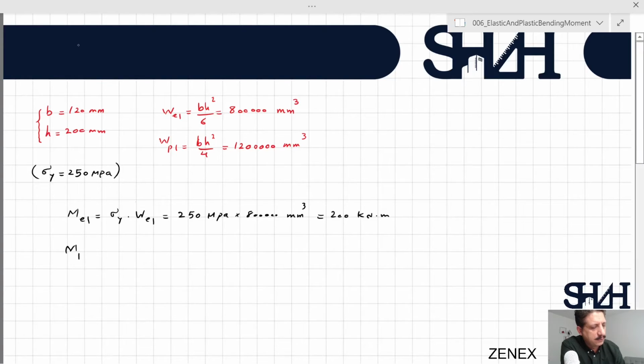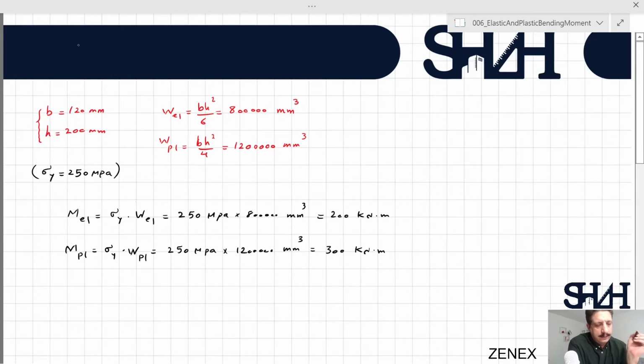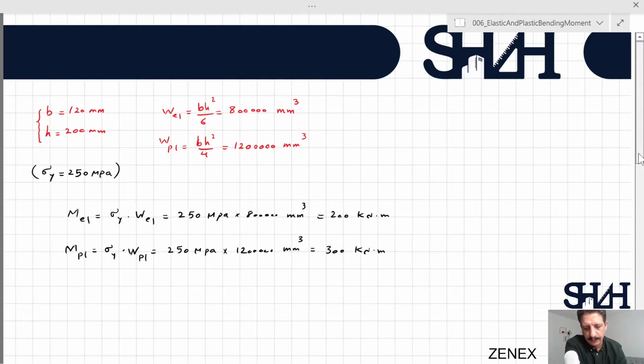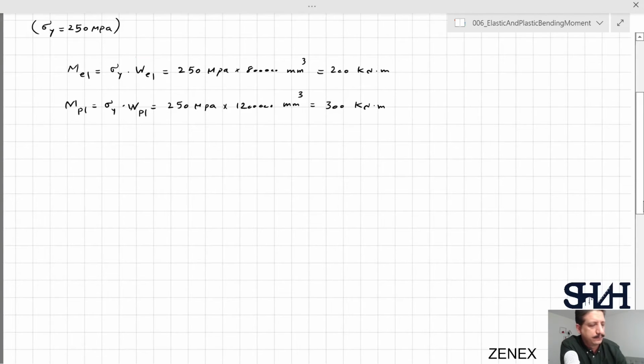For plastic moment, sigma y times W plastic, 250 megapascal times 1,200,000. So it will be 300 kilonewton meter. And it is better if we sketch these two results to see what would happen in the cross section. For the first one, the height is 200 millimeter.